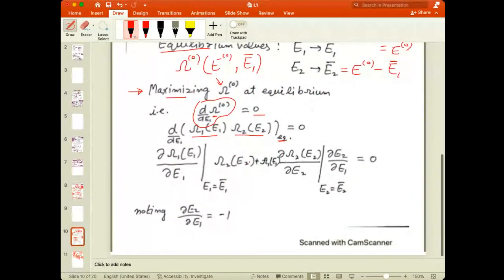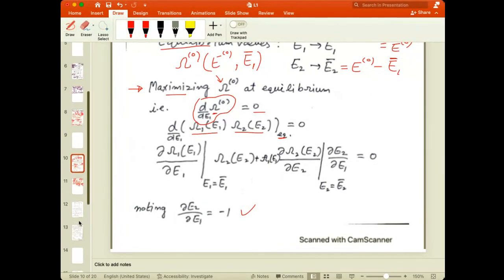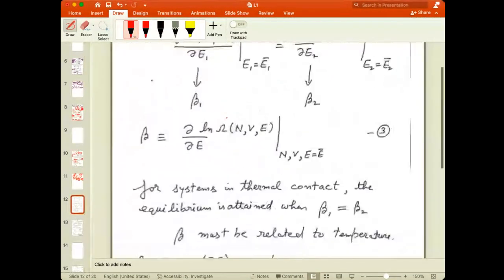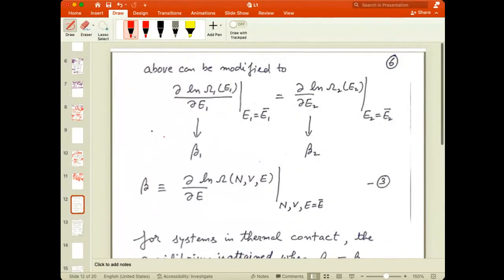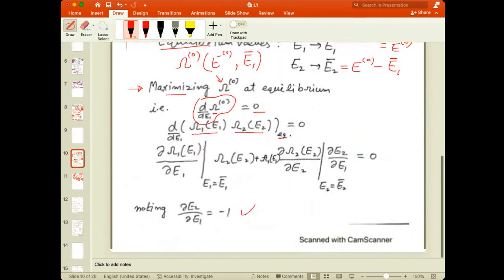This is what is written here, so I'll just show you quickly. It is written neatly. Let's see what we can write for this result. Above, here it is curly omega 1 by curly E1, multiplied by omega 2, and there is this term which is -1.